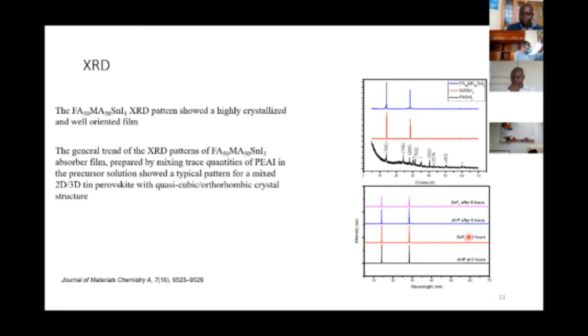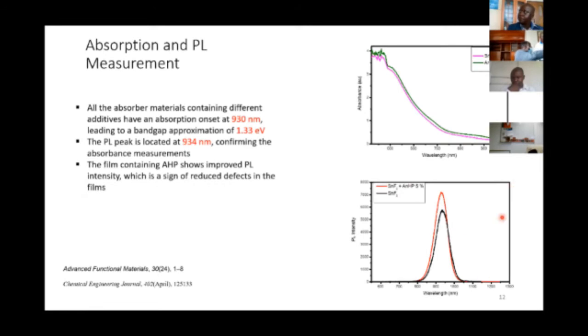So it means that if we mix HP and that one, we are going to have better stability. Now we tried the absorption measurement, and this is what happened. You can see that if we mix tin fluoride and HP, the absorption is a little improved just because we got rid of those other phases.